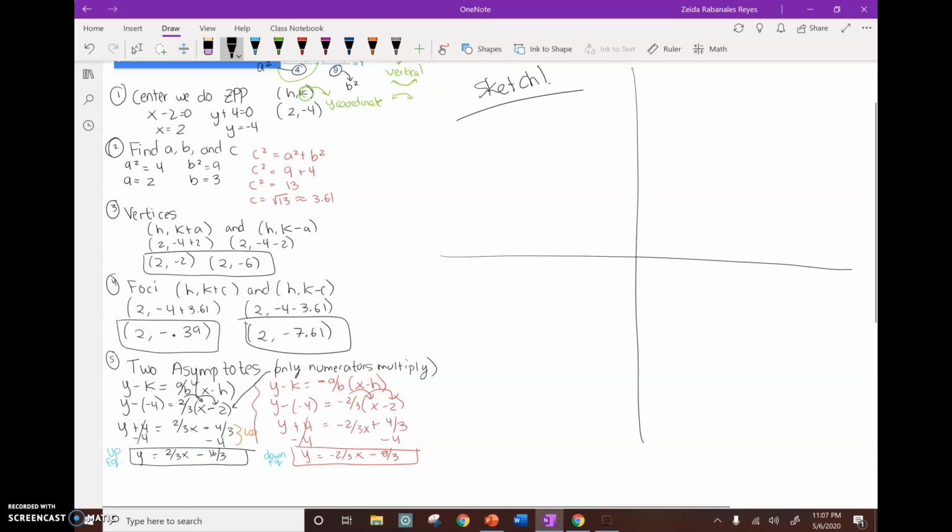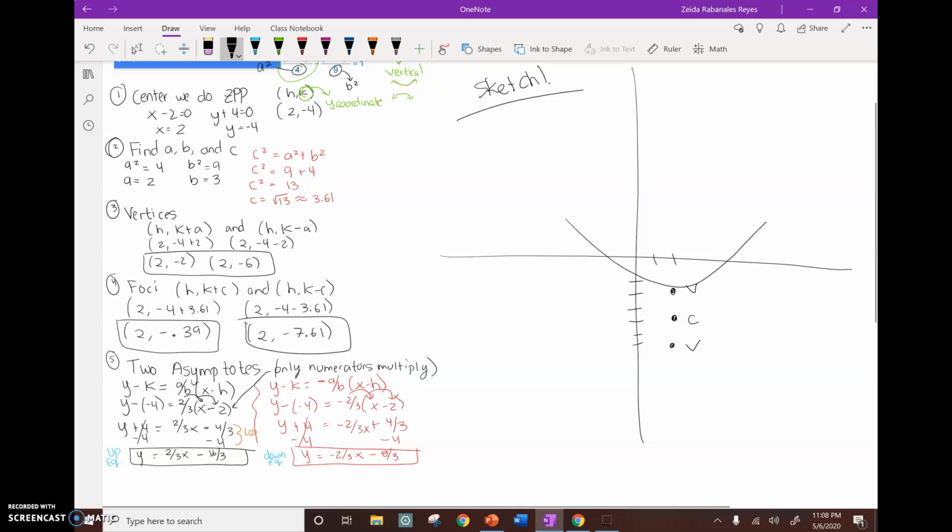The center is at 2, negative 4. 1, 2, 3, negative 4. That's my center. And then you want to graph your vertices. So my first vertex is 2, negative 2. And then the other one's negative 6. 2 and negative 6.